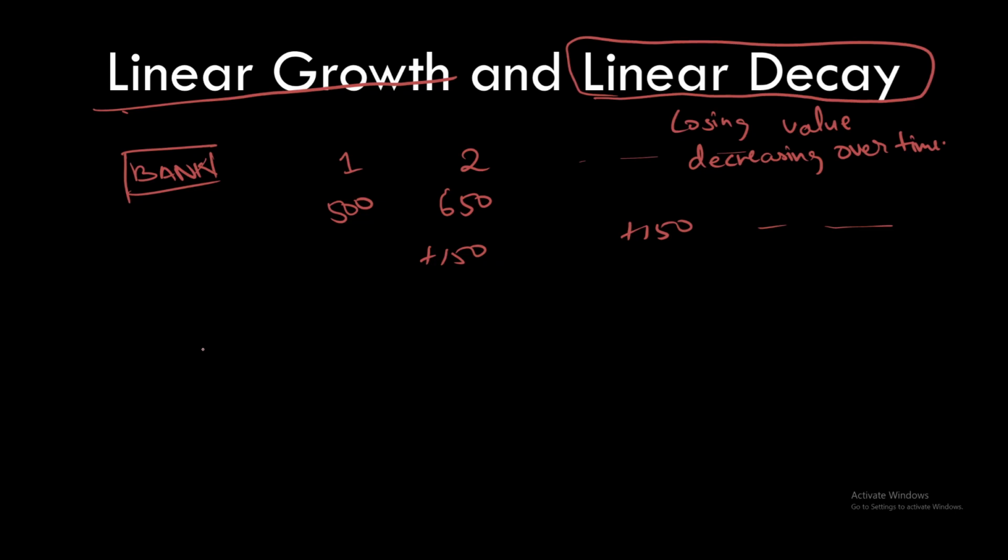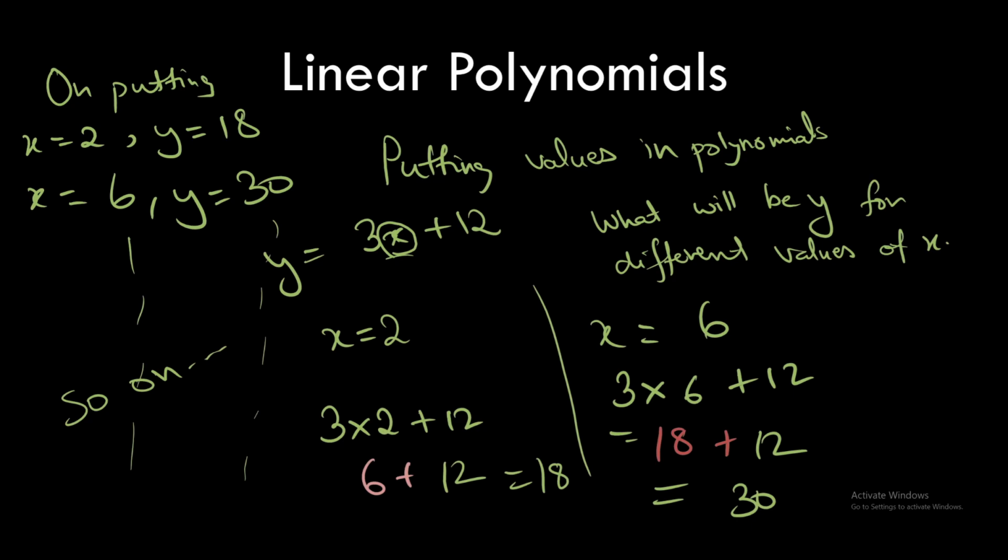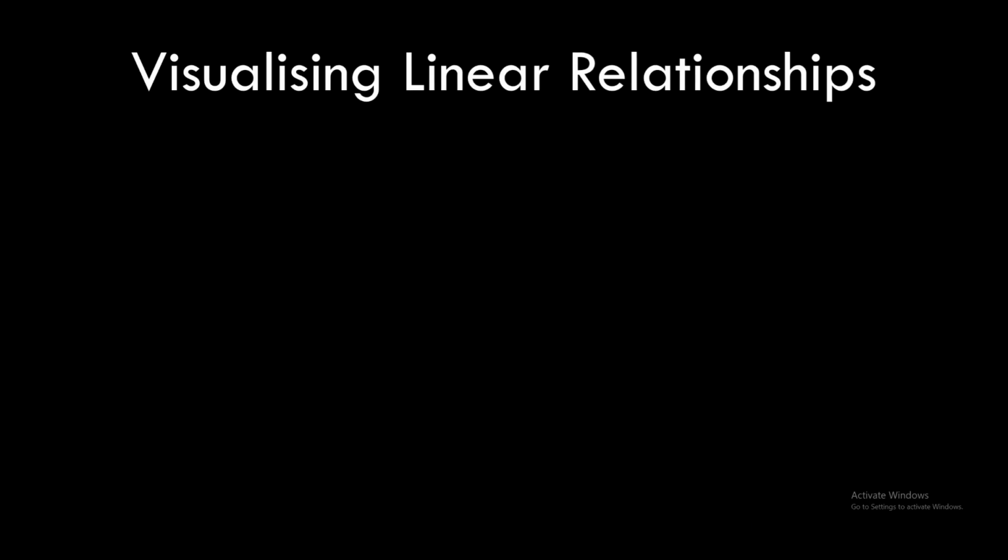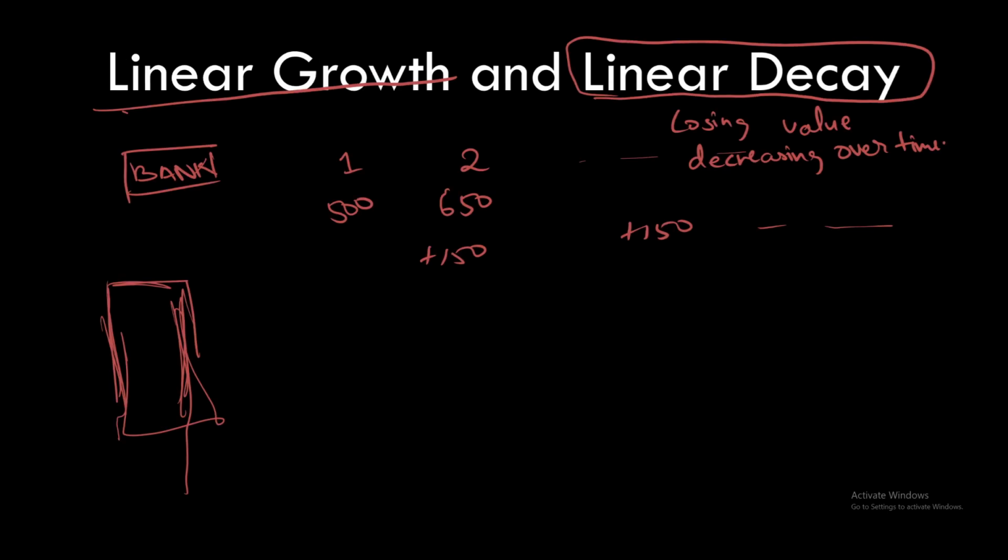So for example, in the textbook we are given an example. So let us imagine there is a mobile phone. So this is our mobile phone. Let me draw it a bit better. So in the last example, we discussed linear growth.